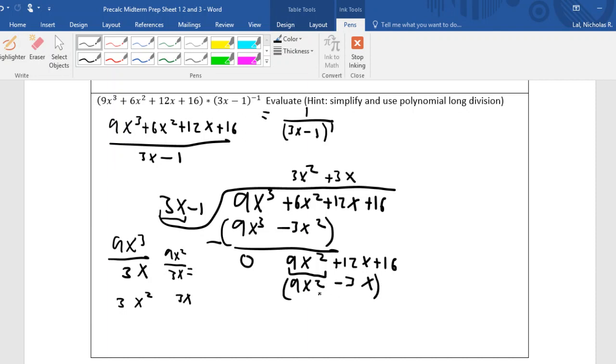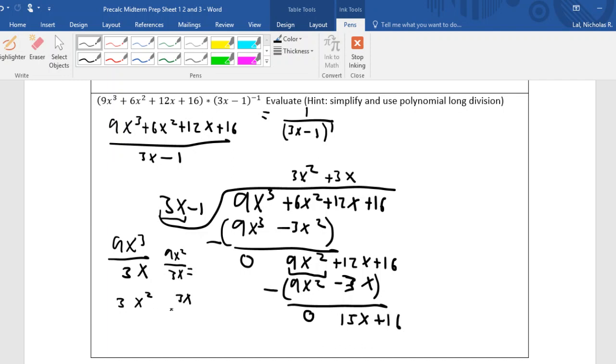Group, subtract. 9x squared minus 9x squared is 0. 12x minus negative 3x is going to be 12x plus 3x, which is 15x plus 16.